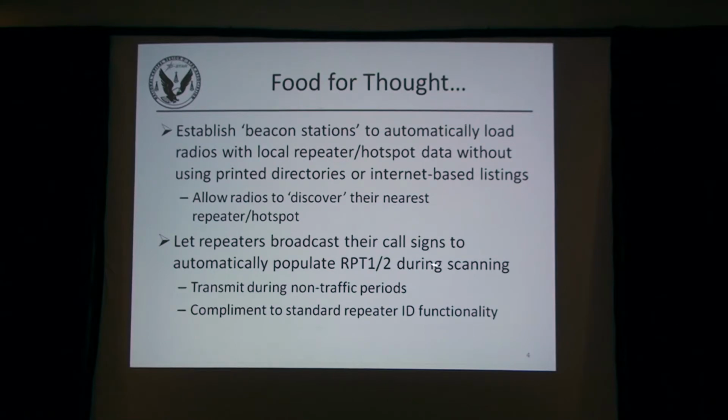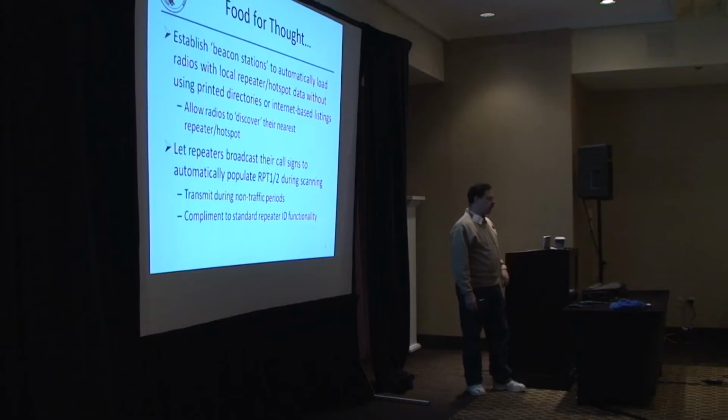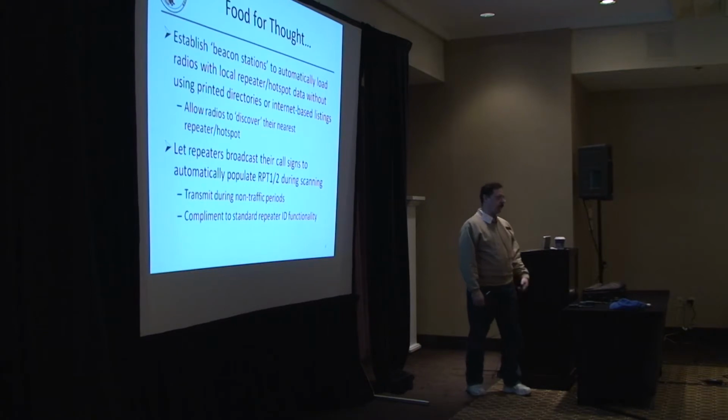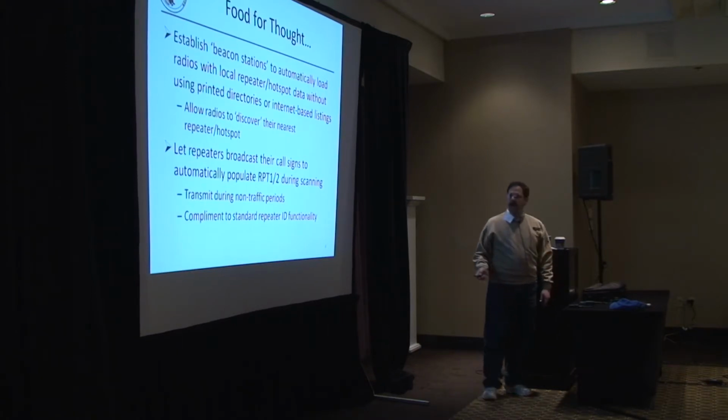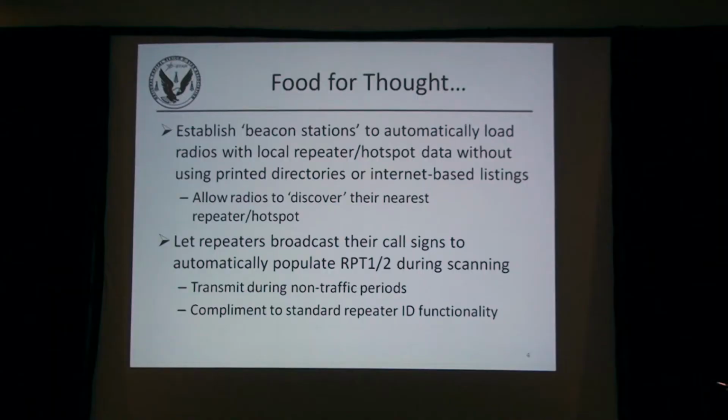And let these repeaters broadcast their call signs. So right now, what do you have? You have a repeater that, if nobody's on, doesn't do anything. It's just sitting there. So first of all, you've got to go find it, but after you've found it, you're going to transmit, you're going to do something, and then periodically it's going to do the FCC thing, it's going to have to ID itself. And I'm saying there's a lot of dead time. We have repeaters just sitting there doing nothing.